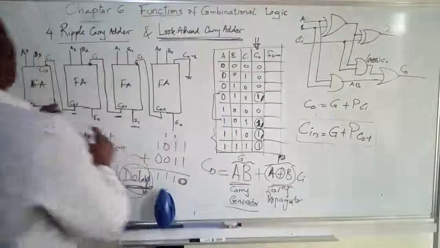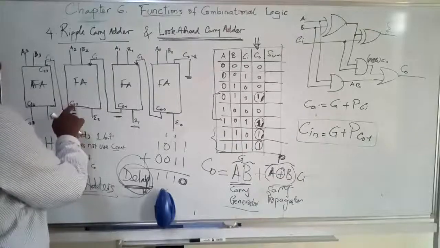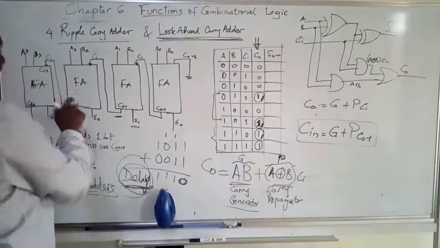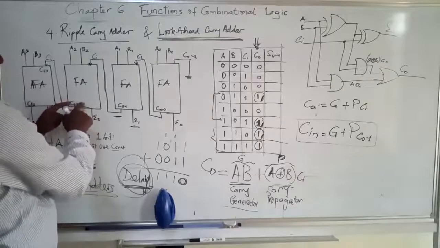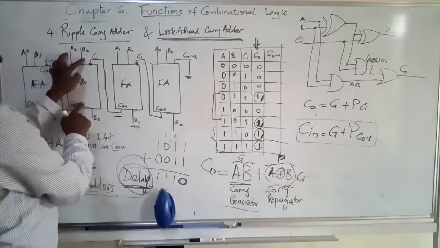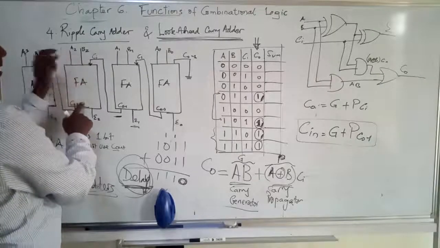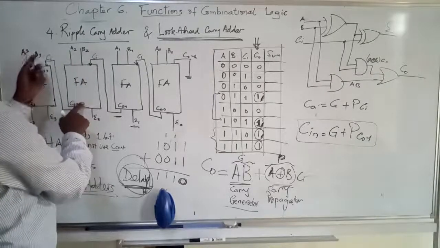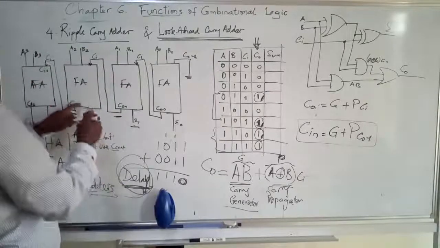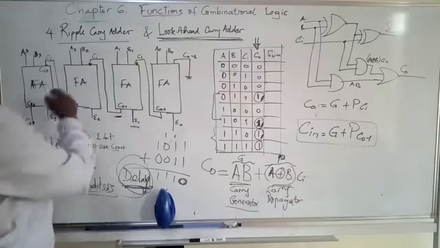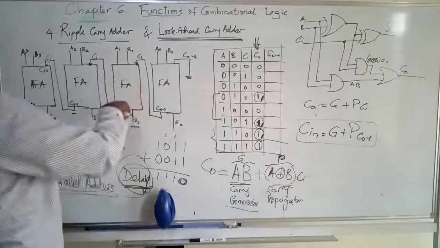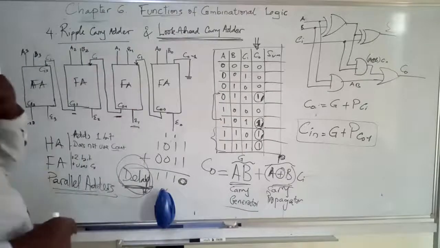So if you want to get the C in 3, what is that? C in 3 means it is equal to A and B. What will be C in, it will be the C out minus 1. So it is C2 minus 1. So it comes from there. Good.